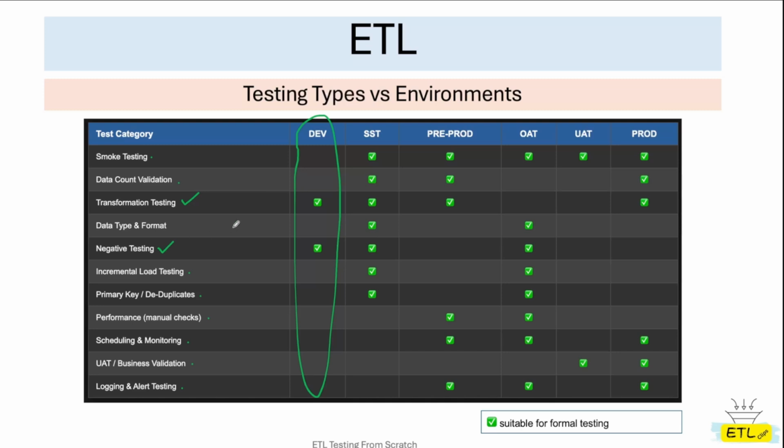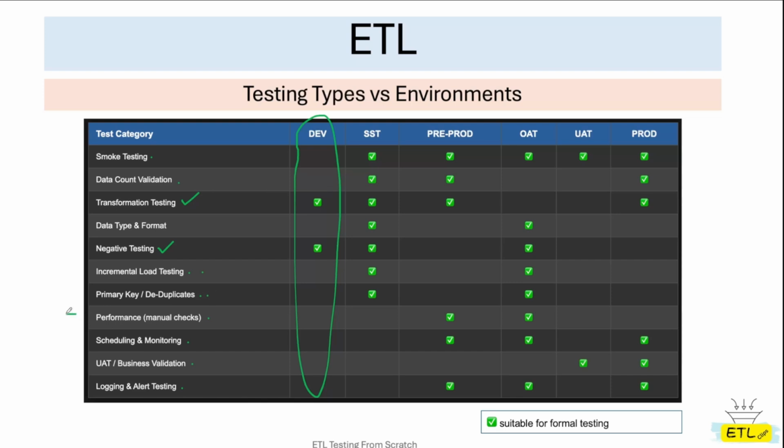Okay. And when it comes to SST, then we do smoke testing. We, meaning as a testing team, whether I'm a manual tester or automation tester, as a tester, my responsibility in SST is smoke testing, data count validation, transformation logic testing, data type and format, negative testing, incremental load testing, and primary key and dedupe testing.